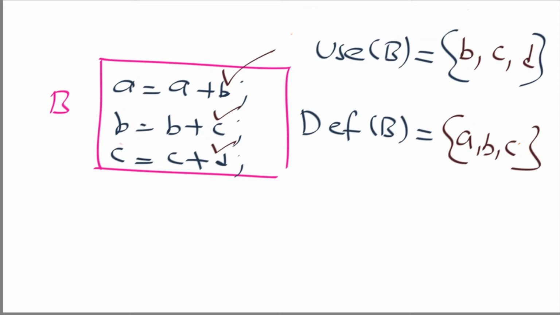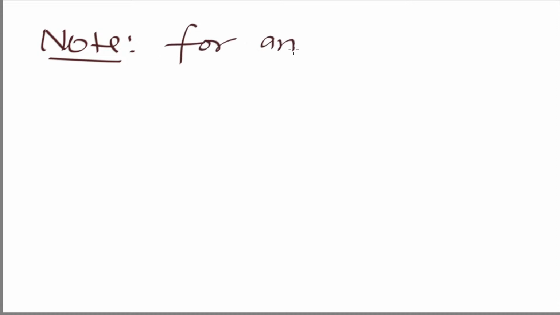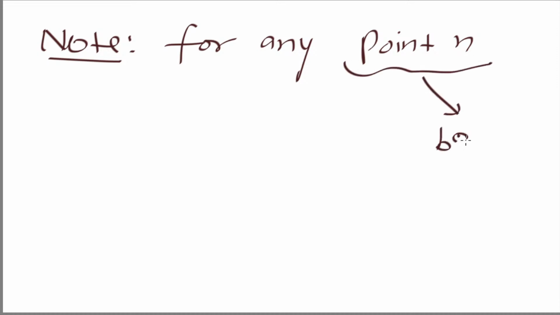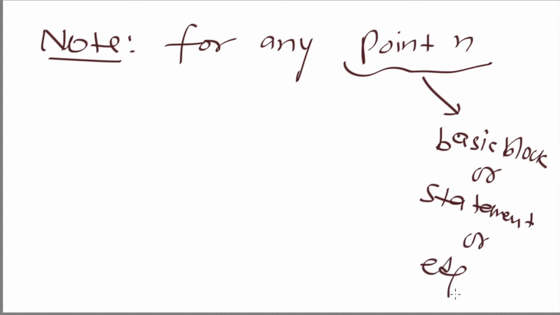Okay. So note that for a basic block, for any point n, this point can be a basic block, or a statement, or an edge. This point can be anything.